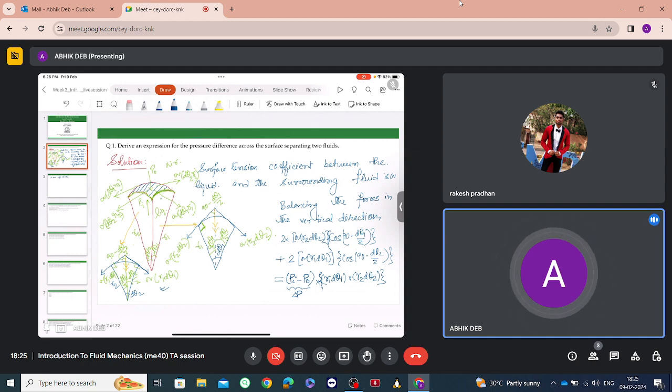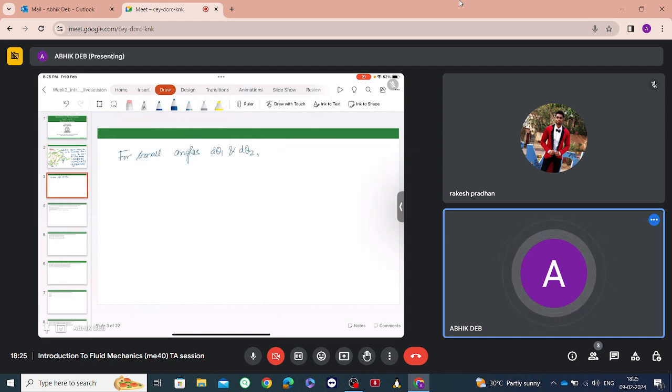So for small angles, we know sin of the angle is nearly equal to the angle. So sin d theta 1 by 2 is nearly equal to d theta 1 by 2, and sin of d theta 2 by 2 is nearly equal to d theta 2 by 2.